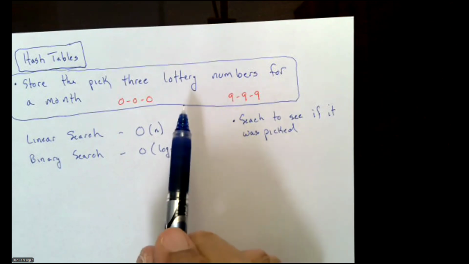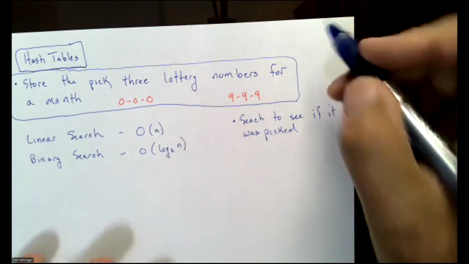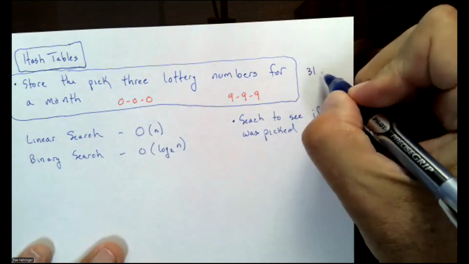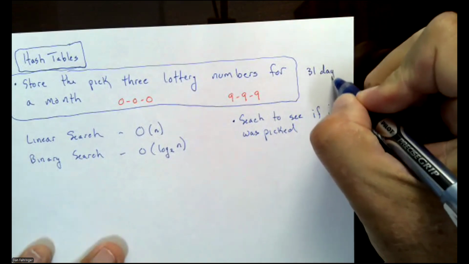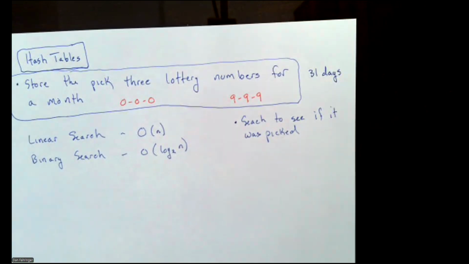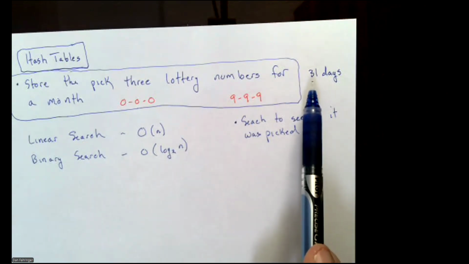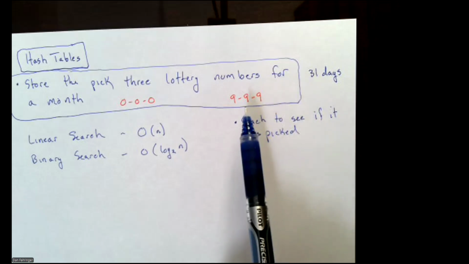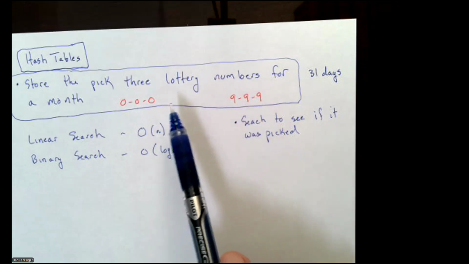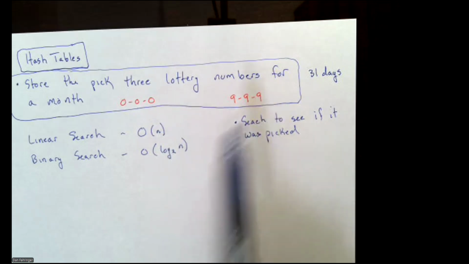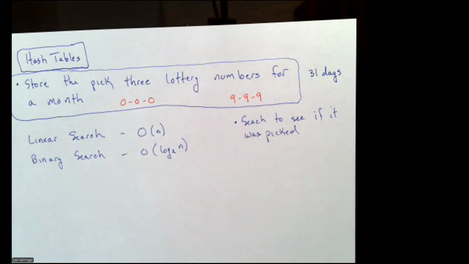If I'm doing this for a month, that means I have 31 days. We're going to assume it's a 31-day month, so I have to store 31 days of numbers. What's really unique is, if I'm playing this lottery, could my lucky number 1, 2, 3 be chosen more than once?